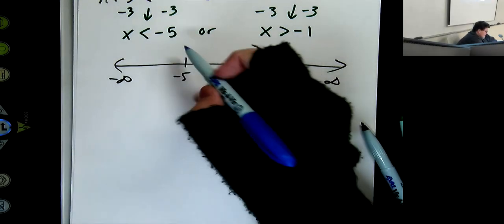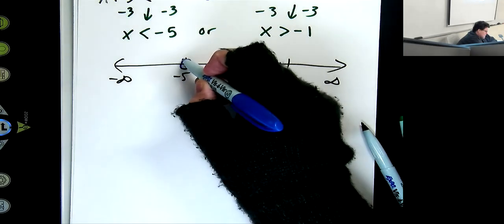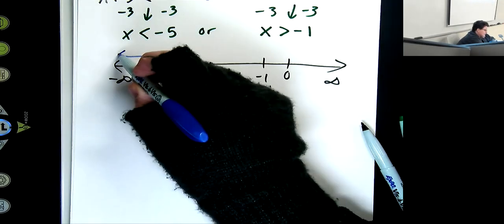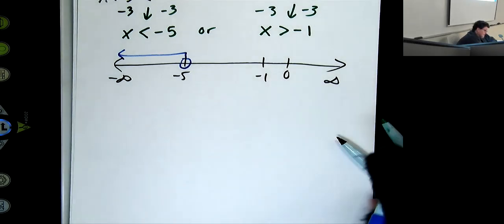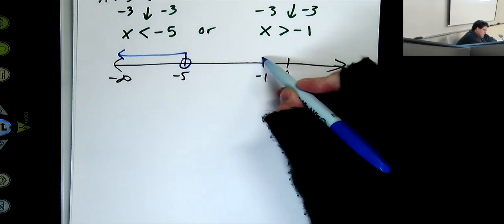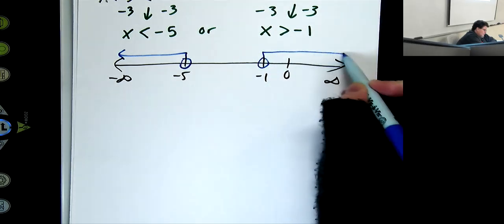I'm looking for values that are less than -5, which would put a circle at -5 going to the left. X is greater than -1 puts a circle on -1 and shows values going to the right.